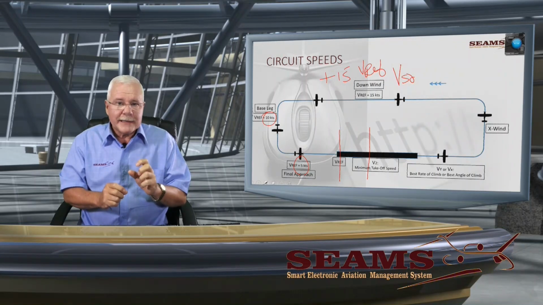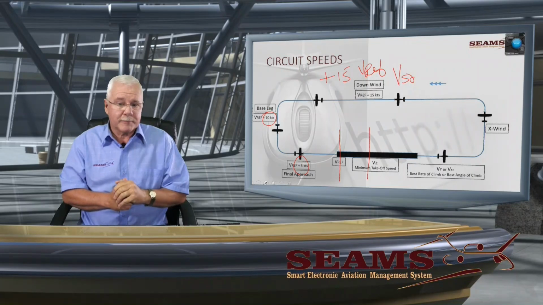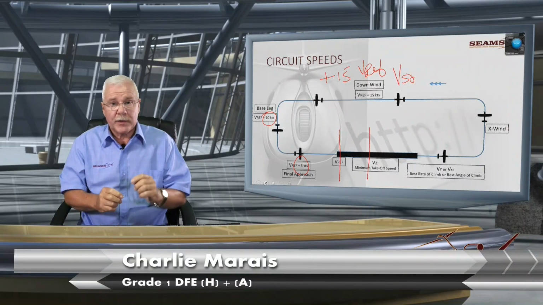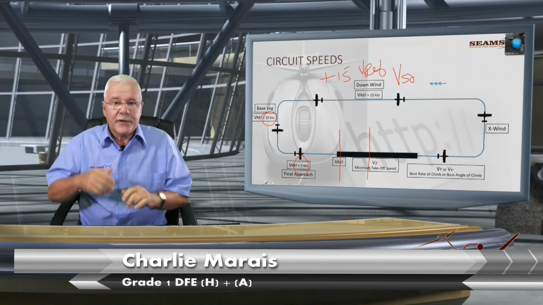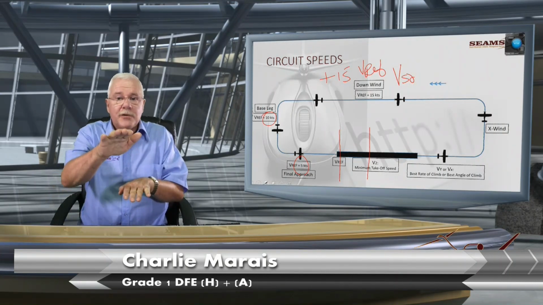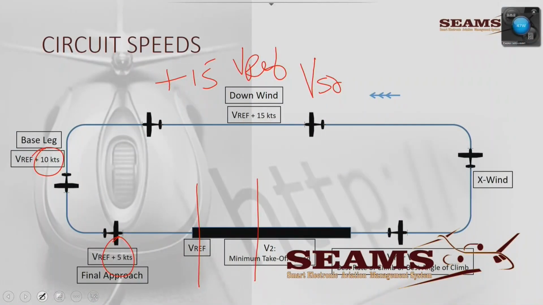The minimum unstick speed, and this is not the one that I'm using at this moment, because this is for normal operation. There's a V2 or V-rotate, and that's when you rotate off the ground and actually climb away. In this case, this is the speed. Then the aircraft must accelerate to, let's say, Vy, which is the best rate of climb.